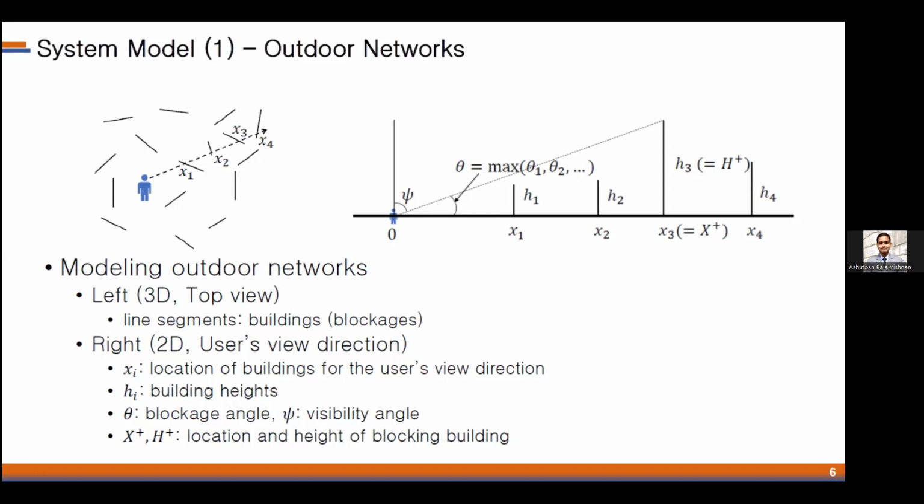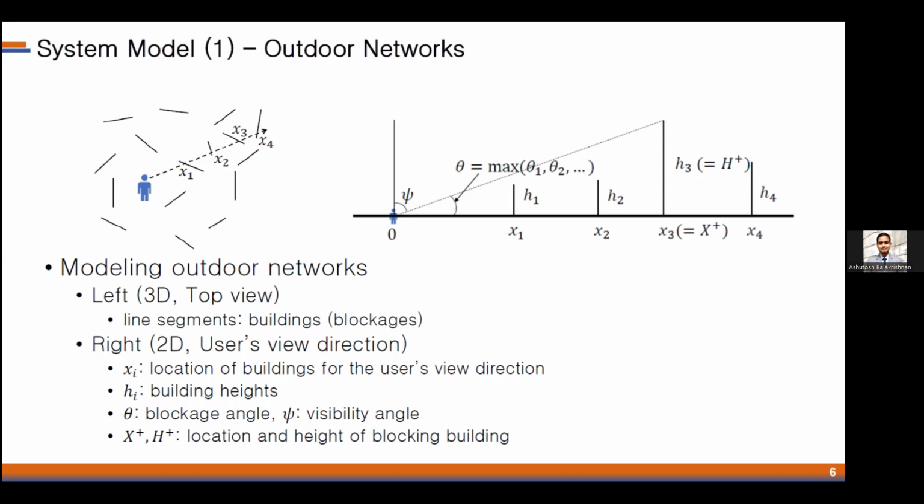So we define theta in this way: the angle between the ground and the line connecting the user and the top of this blocking building. We will call theta the blockage angle, and naturally psi, which is pi over 2 minus theta, we define as the visibility angle.